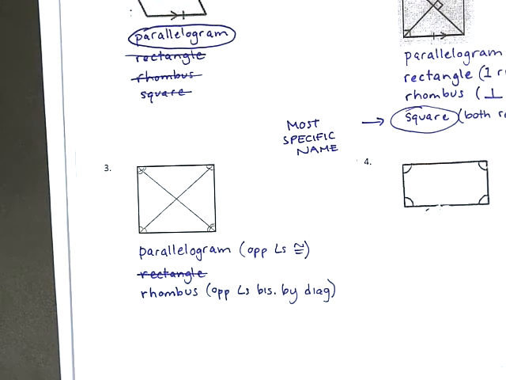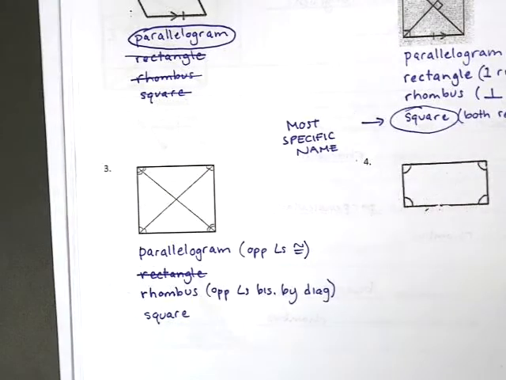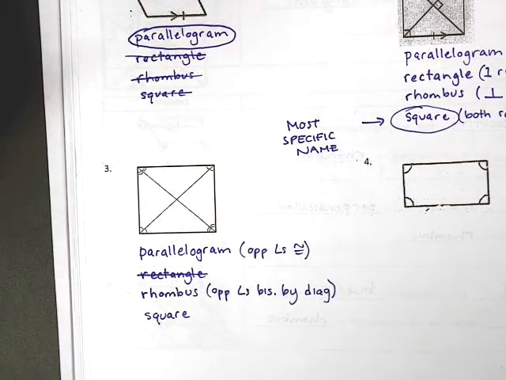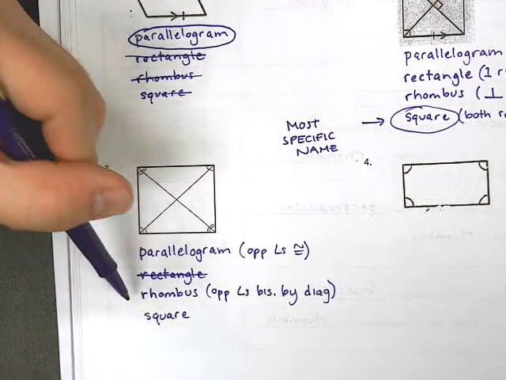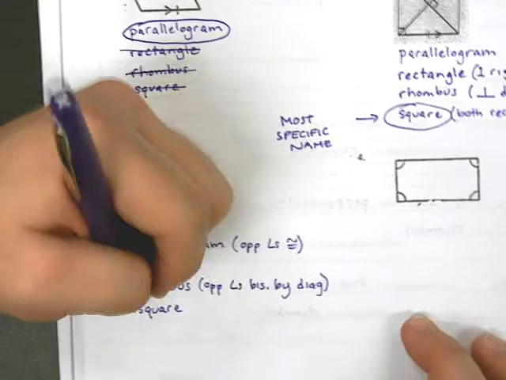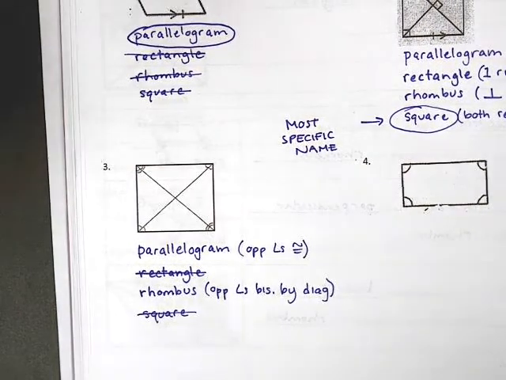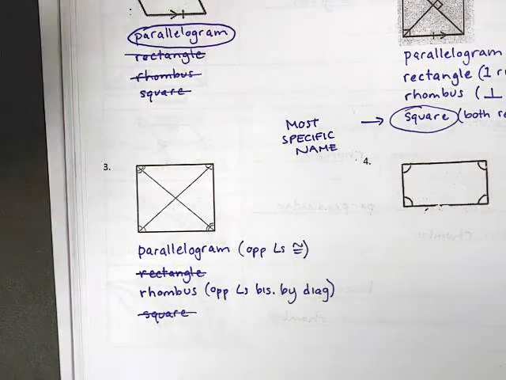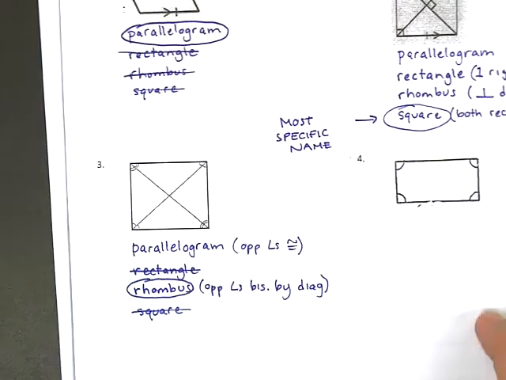So we're good on a rhombus. For square, again, what has to be true? You have to have both properties of rectangles and rhombuses. And while we do have properties of rhombuses, we do not have the properties of a rectangle, so square is no good. And of course, if I changed the question and I asked you to give me the most specific name rather than all the names, you would tell me rhombus.